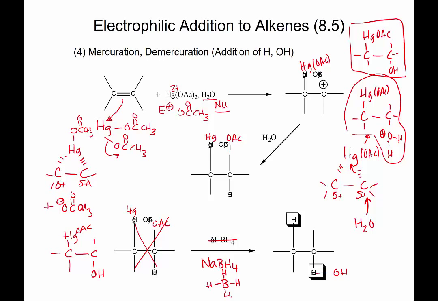So in this BH4 minus ion, the hydrogens are delta minus, and the boron is delta plus. And that's why it's called borohydride, because in essence you have an H minus ion. And that's called a hydride from way back in general chemistry. So sodium borohydride basically is a source of H minus.